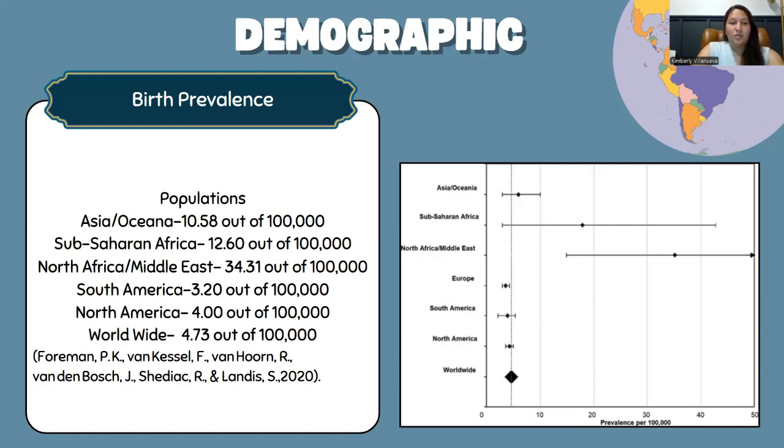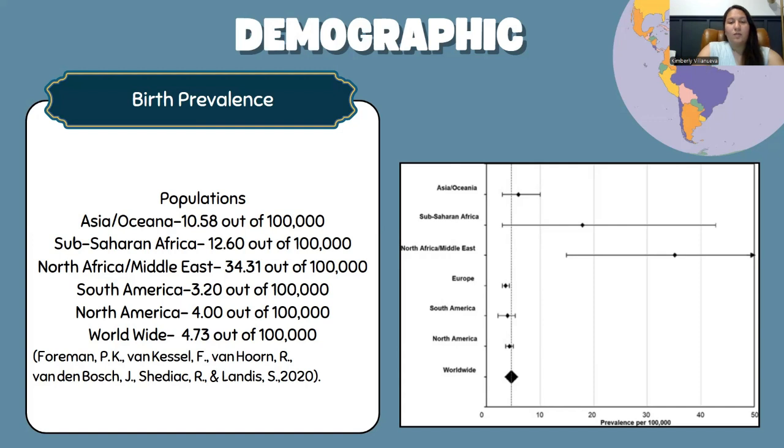Sub-Saharan Africa, 12.6 out of 100,000. North Africa and the Middle East, with 34.31 out of 100,000 births. South America, with 3.2 out of 100,000 births. North America, with 4 out of 100,000 births. And an average worldwide of 4.73 out of 100,000 births.